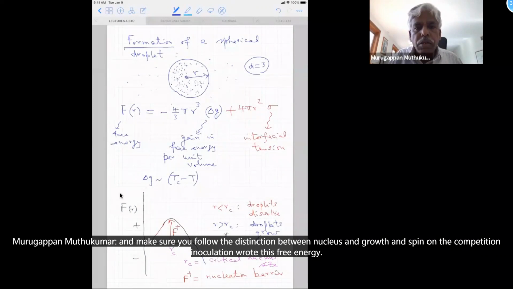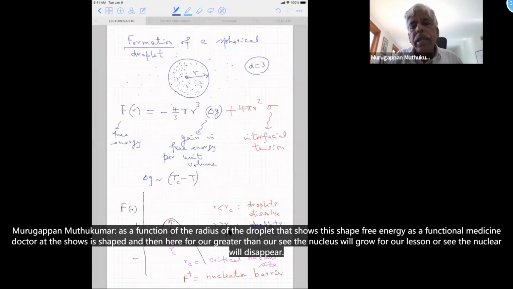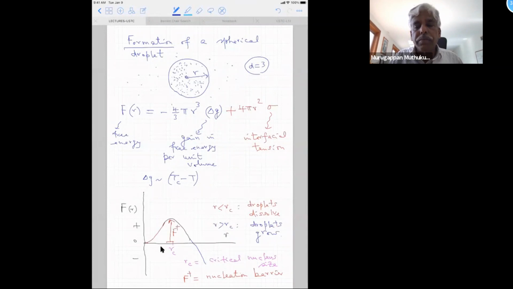In nucleation growth, there is free energy as a function of the radius of the droplet. That shows this shape. For R greater than RC, the nucleus will grow. For R less than RC, the nuclei will disappear.